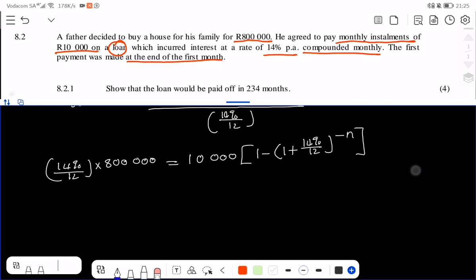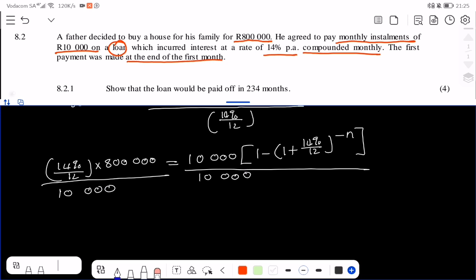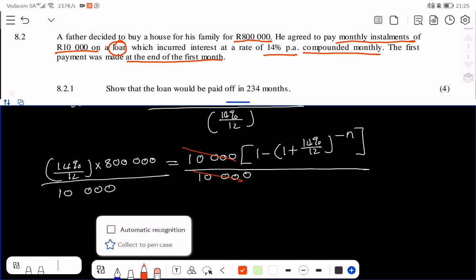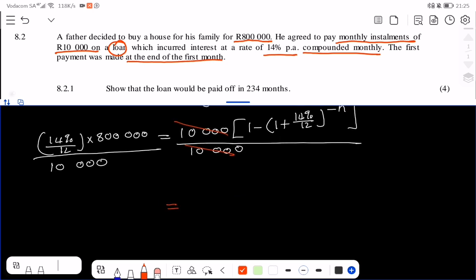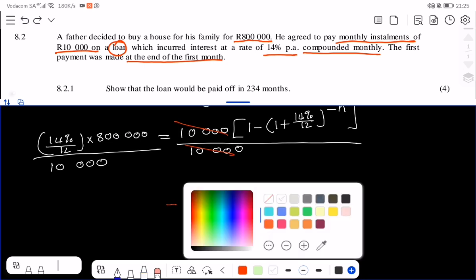Now I'm going to divide both sides by 10,000. On my right hand side, the 10,000 cancels out. So my right hand side is going to be, let me use the white pen.